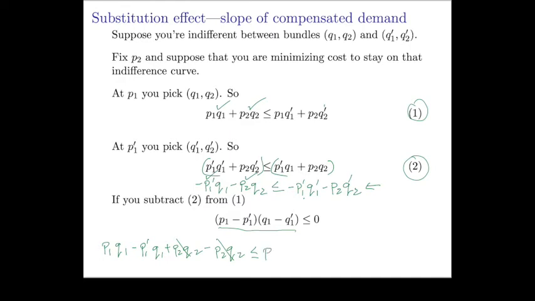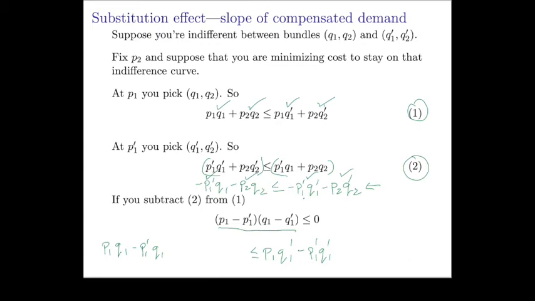Write down the next term, P1 Q1 prime minus P1 prime Q1 prime plus P2 Q2 prime minus P2 Q2 prime. Again, these two terms cancel. Let's erase the cancelled terms so we can clean this up a little bit.